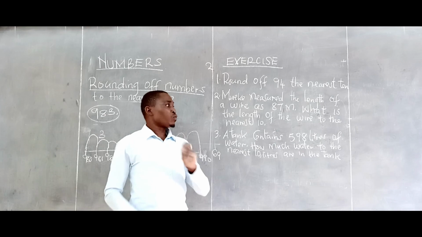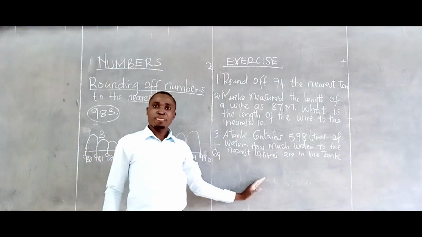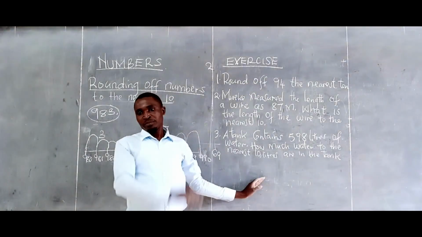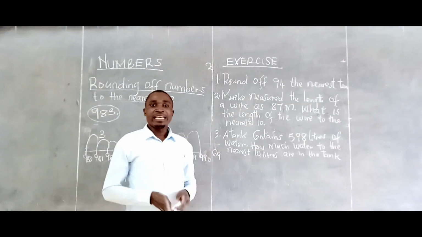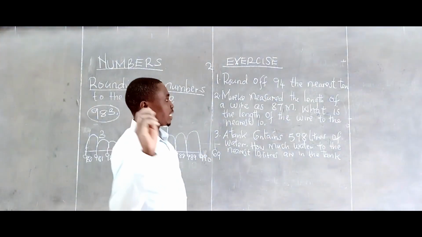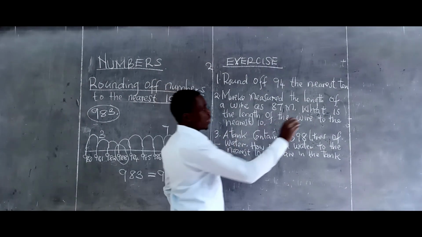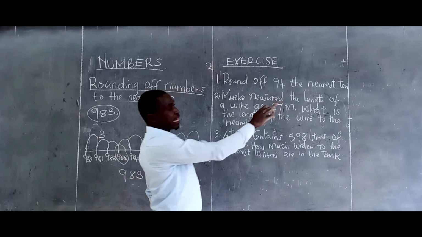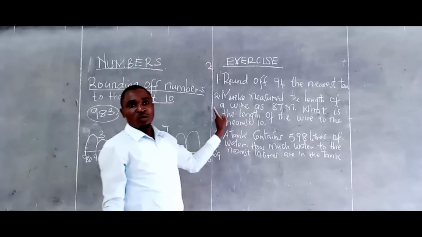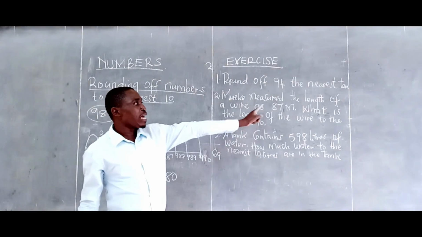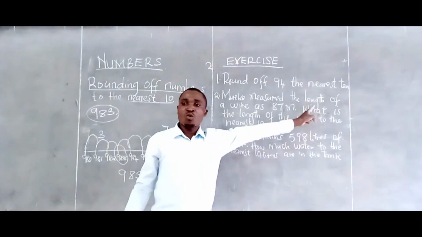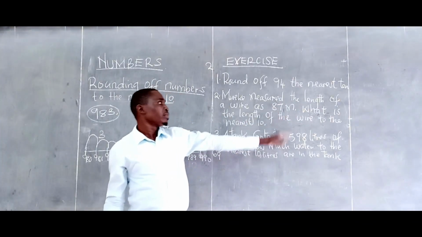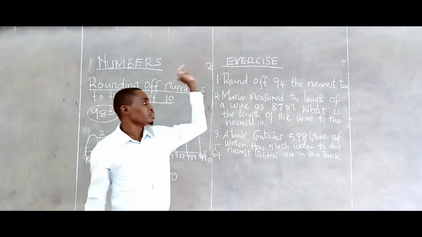The procedure of working out these problems is the same as in the group activities that we did. Remember, these are questions. Round off to the nearest tens. Question number 2. Mweke measured the length of the wire as 87 meters.